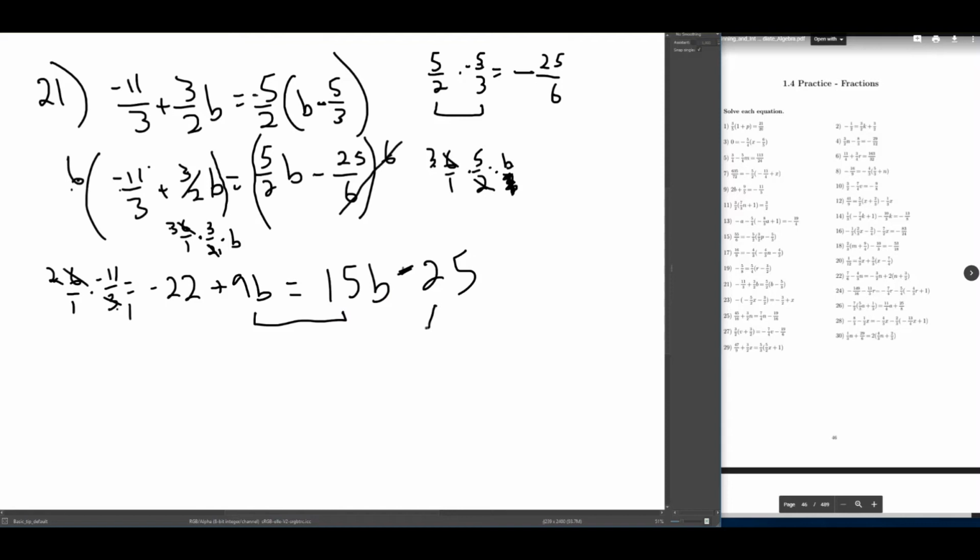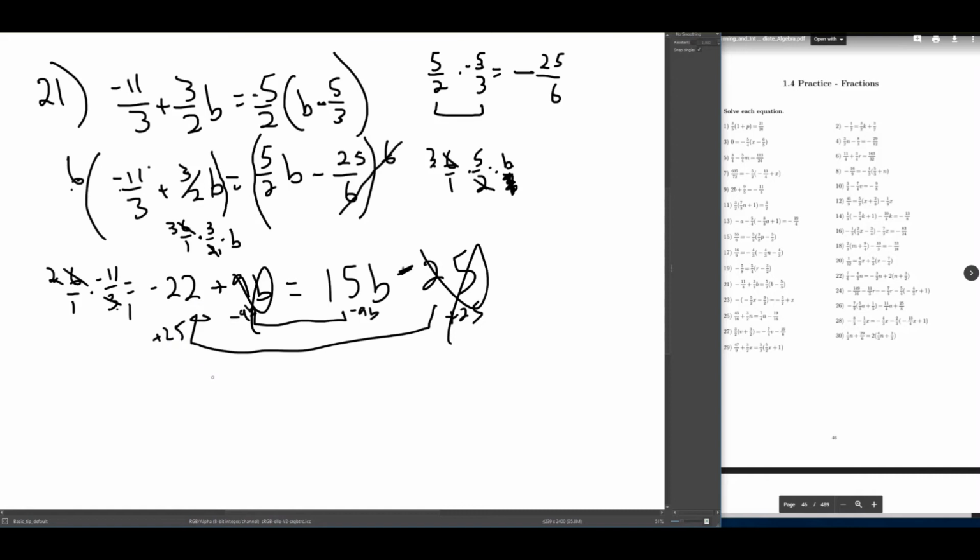Let's combine like terms, shall we? Let's move this bugger over here and let's move this bugger over there. So minus 25, I have to add 25. 9b, I have to subtract 9b here, right? On both sides. 9b plus 25 here.